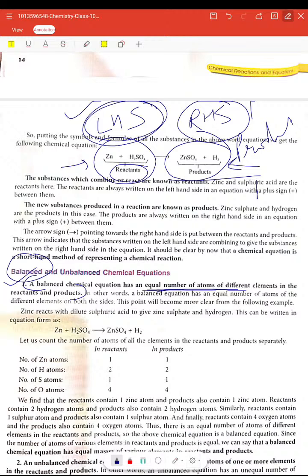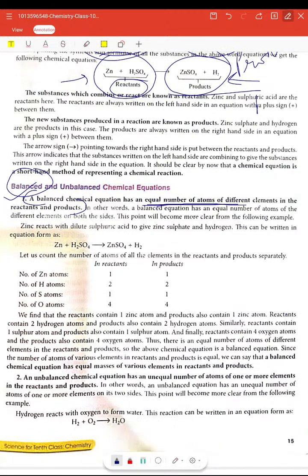Like we discussed in the next example, zinc plus sulfuric acid gives zinc sulfate plus hydrogen gas. How many atoms of zinc on the left hand side? That is 1. How many atoms of hydrogen on the left hand side? That is 2. Sulfur? That is 1. Oxygen on the left hand side? That is 4. How many atoms of zinc on the right hand side?